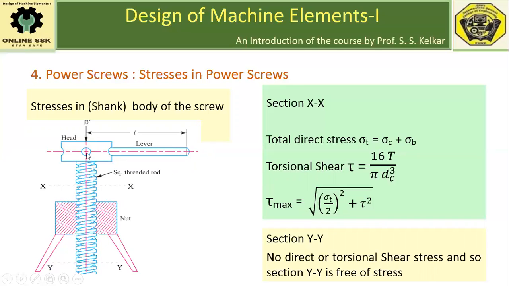The operator will provide total torque T, which will have two components, one to overcome the thread friction, another to overcome the collar friction. Now, if you consider the arrangement here, above the head of the screw we have provided a collar, and above that collar we have put a cup for facilitating the application of the load.